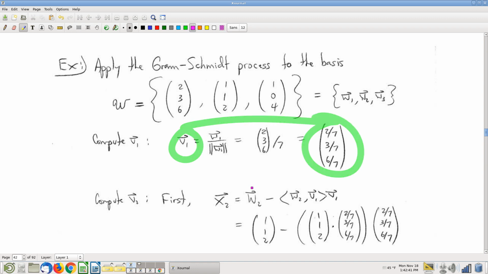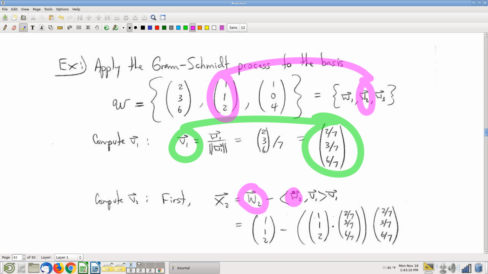How do I fix the second vector, W2? W2 has a couple of problems. It's not a unit vector, but it also is pointing in a problematic direction. To some extent, W2 is pointing in the V1 direction. It's not supposed to point at all in the V1 direction. It's supposed to be orthogonal to V1. So we're going to fix that direction problem by subtracting whatever extent to which it's pointing in the V1 direction.